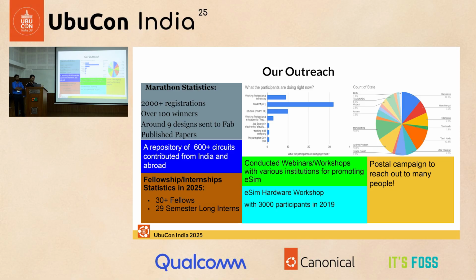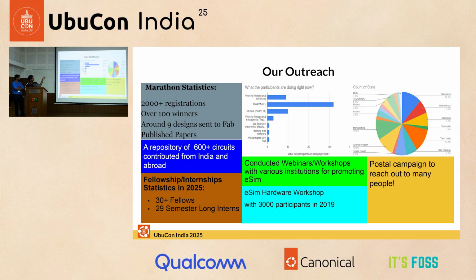Our repository contains 600 plus circuits contributed by different students. They need not be from IIT; they can be from any part of the country or world, and they can submit to our repository. As I said, we have 30 plus interns.